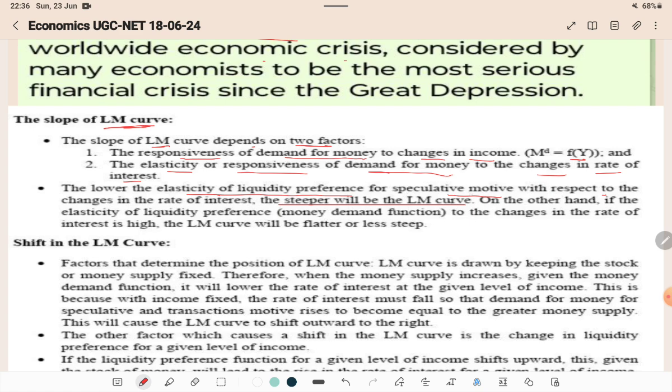Here we can see, the lower the elasticity of liquidity preference for speculative motive with respect to the changes in the rate of interest, the steeper will be the LM curve. On the other hand, if the elasticity of the money demand function to the changes in the rate of interest is high, the LM curve will be flatter or less steep.